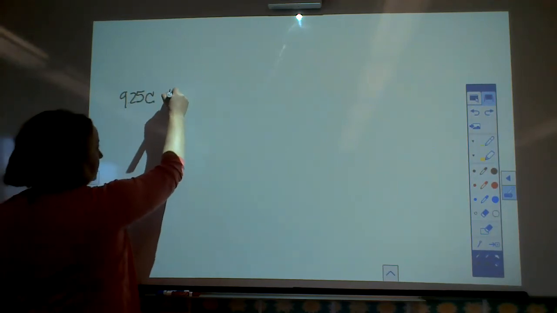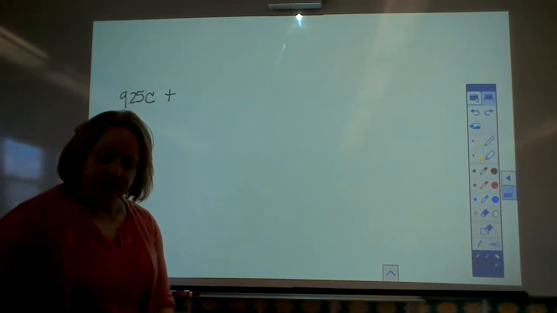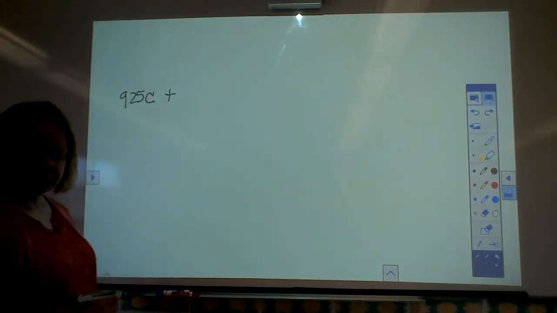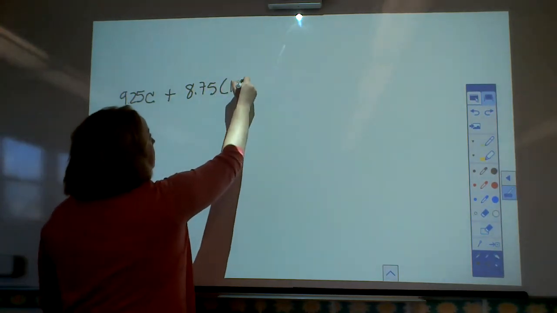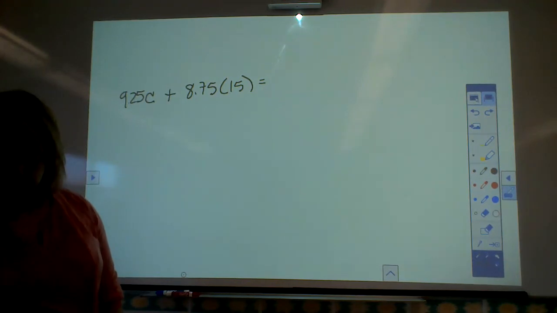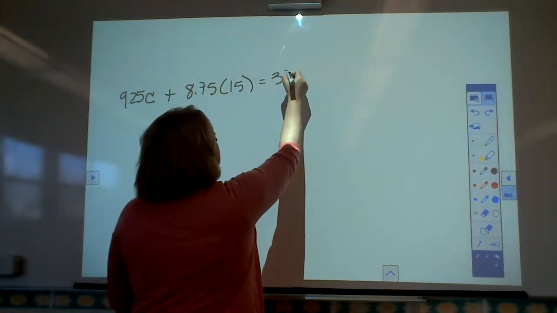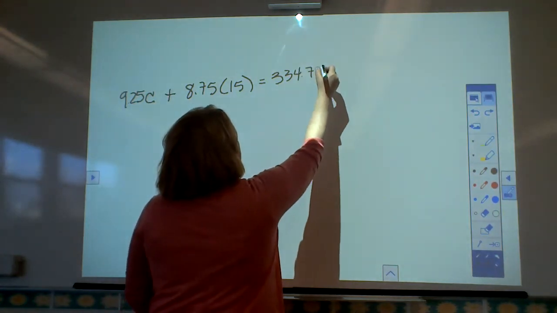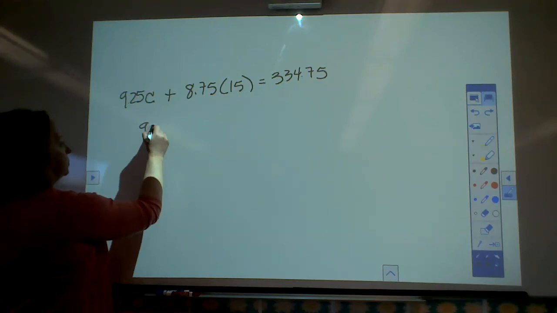So we get 9.25C plus 8.75 times 15, and that's going to equal $334.75. So we get 9.25C.